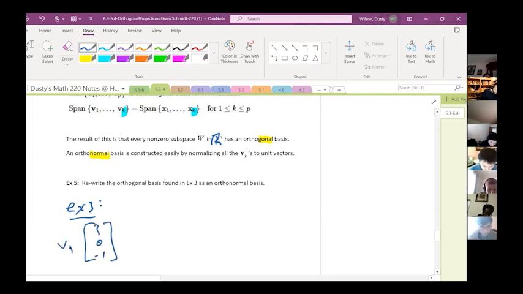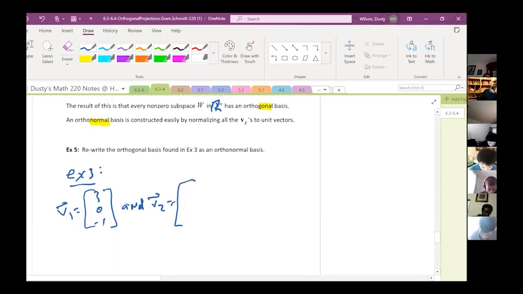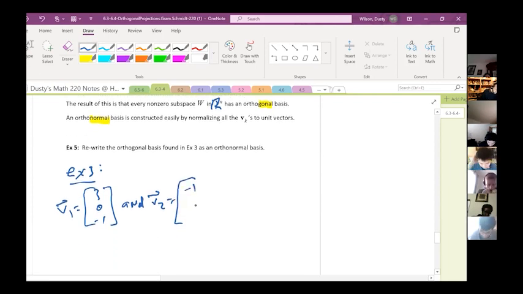This is our V1 that we found. And V2 was -1, 5, -3. And so this is an orthogonal basis.